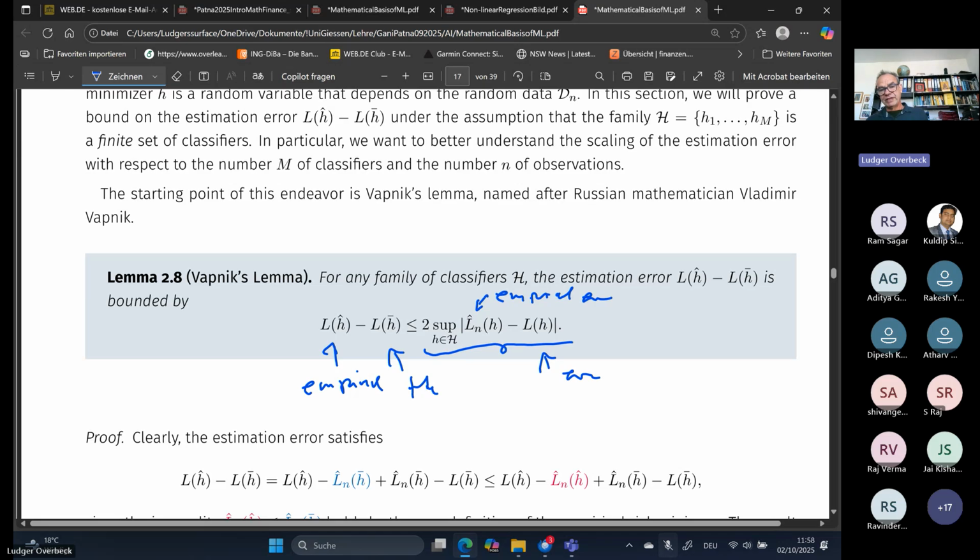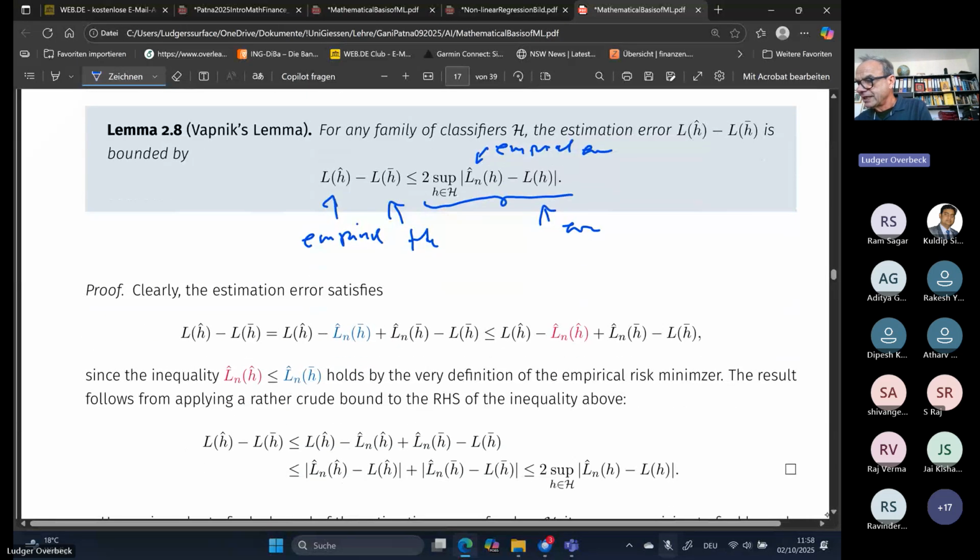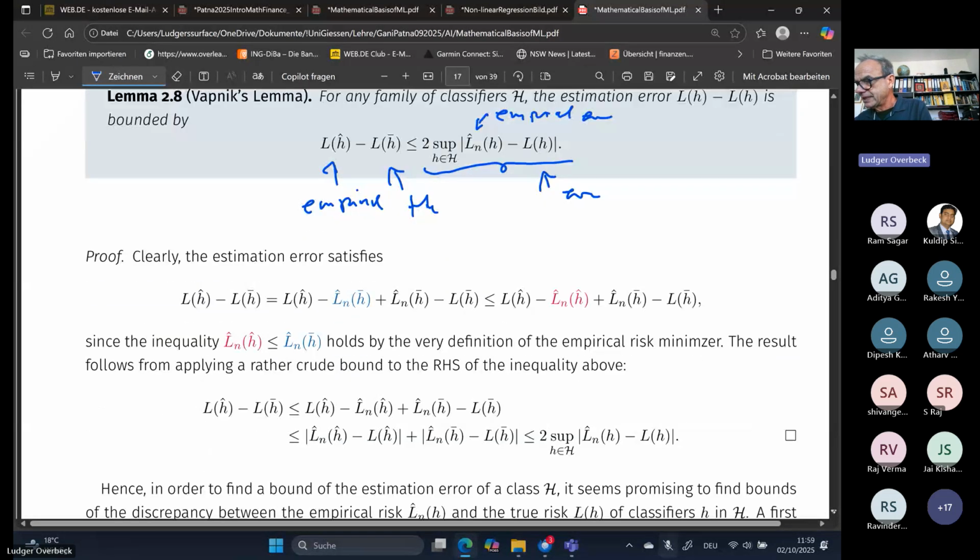And as I said, we want to have this small; this Vapnik lemma tells us we have to work on this one. And this should also be at the end independent of our ground truth, P. That's quite a challenge. But of course, as mathematicians, we like challenges.